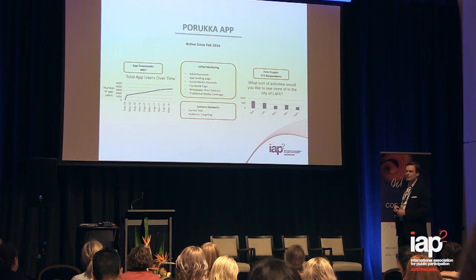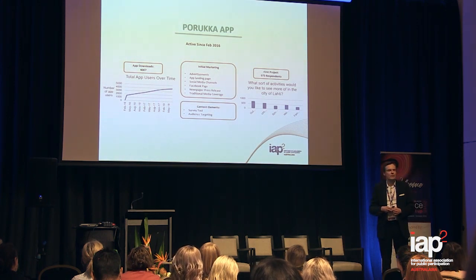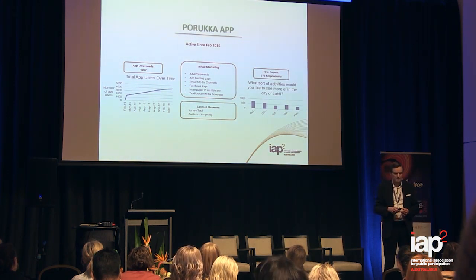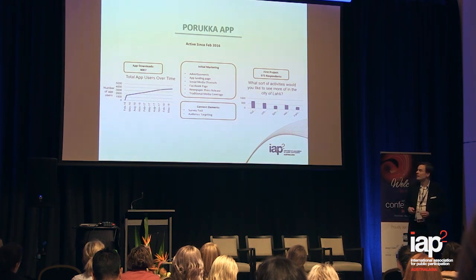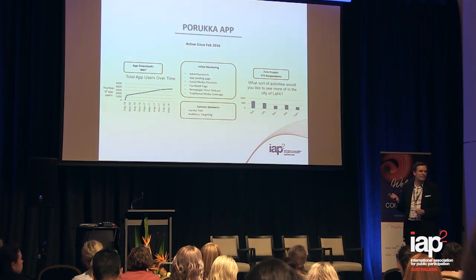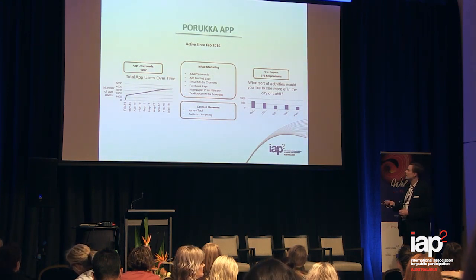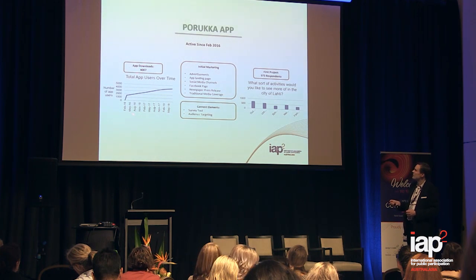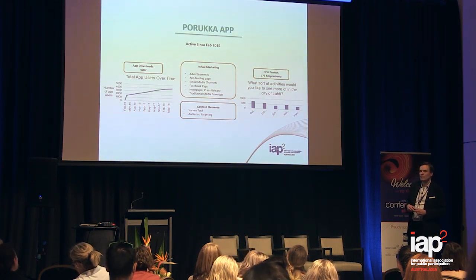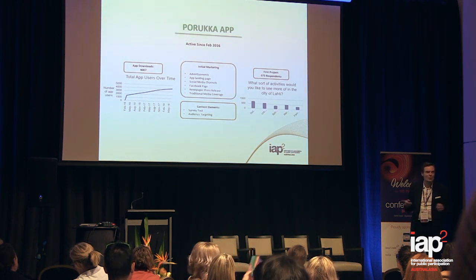I also mentioned that using different platforms, different channels might be interesting. This is about using mobile apps, and this city launched a mobile app for community engagement. It was back in 2016. In the first launch months, they already got 2,000 downloads of the app, which is a huge amount.